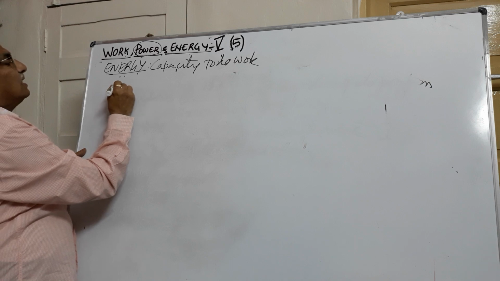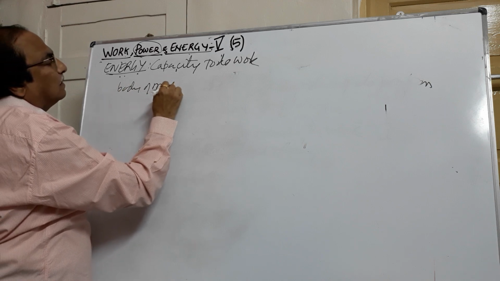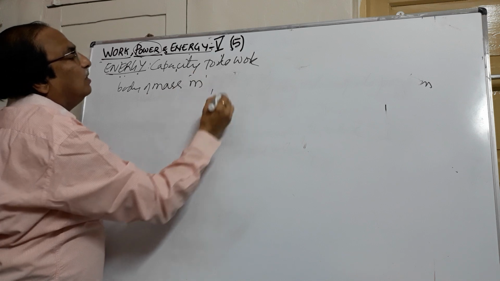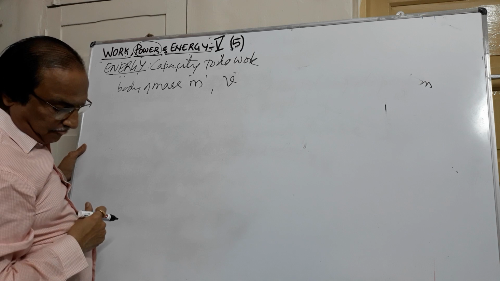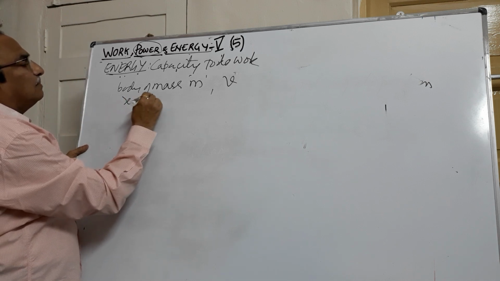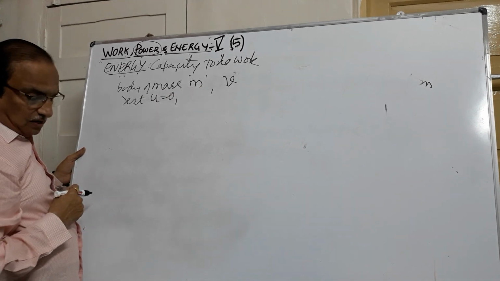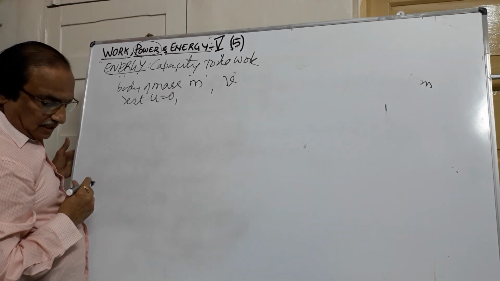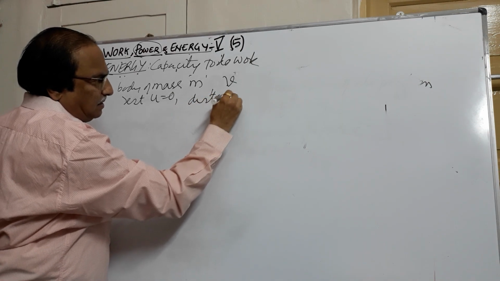Now let us consider a body of mass m moving with a speed of v meter per second. Let it begin from the rest. That means the initial velocity is 0. It will attain a speed of v, and let it be moving for a distance of s.